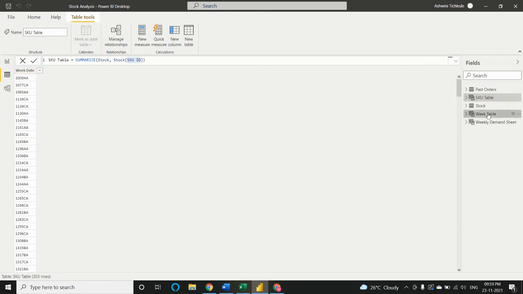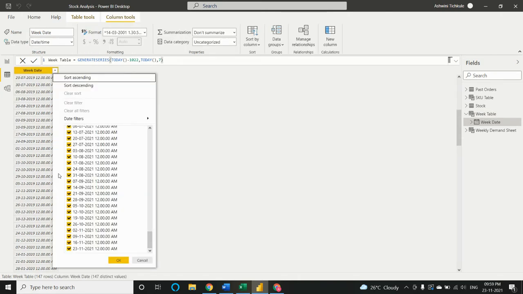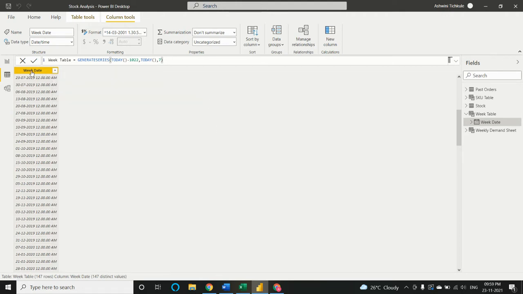After this, I need to make one week table also. So here I need to create the new table, and then I need to see the data for the date. From 5 January 2019 up to which date we have the data is 23/11/2021. For creating the week date, we need to generate the series from today minus 1022 days.